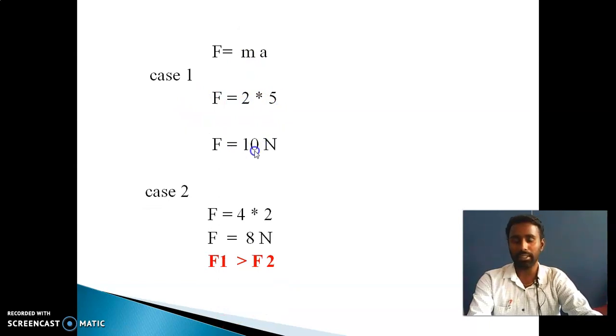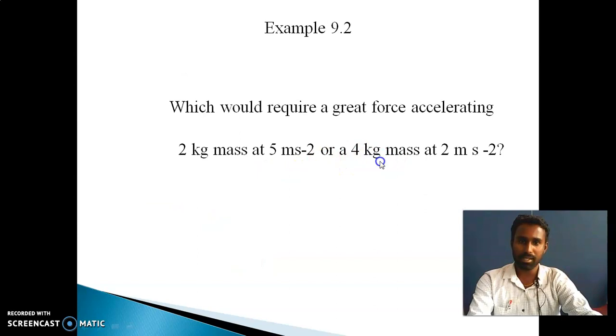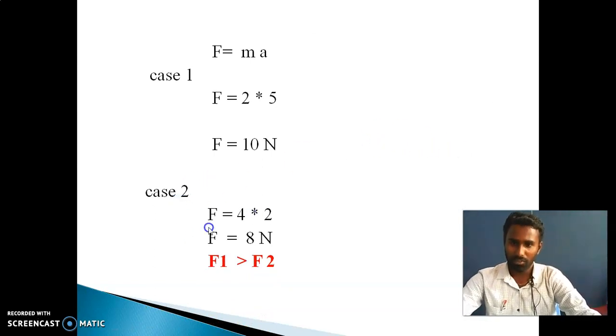So force equal to 10 Newton. In case 2, what is the given value? Mass is 4 kg and acceleration is 2 meter second power minus 2. In case 2, force equal to 4 into 2, that is equal to 8 Newton.